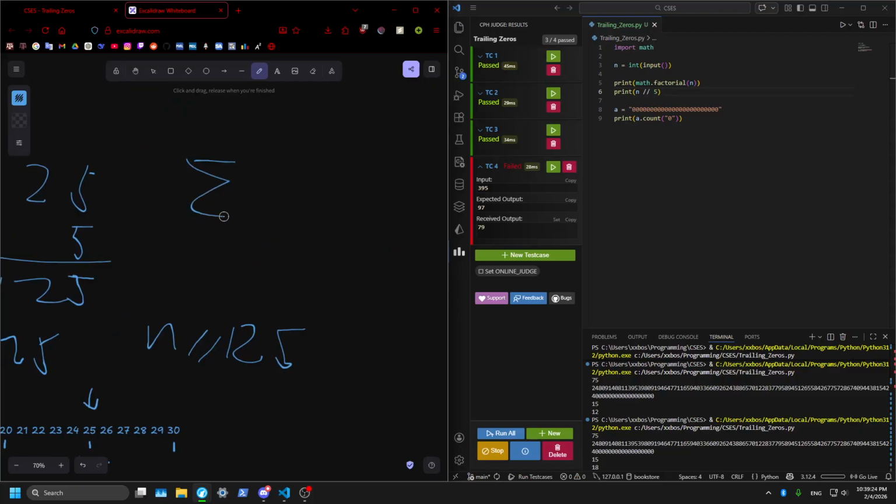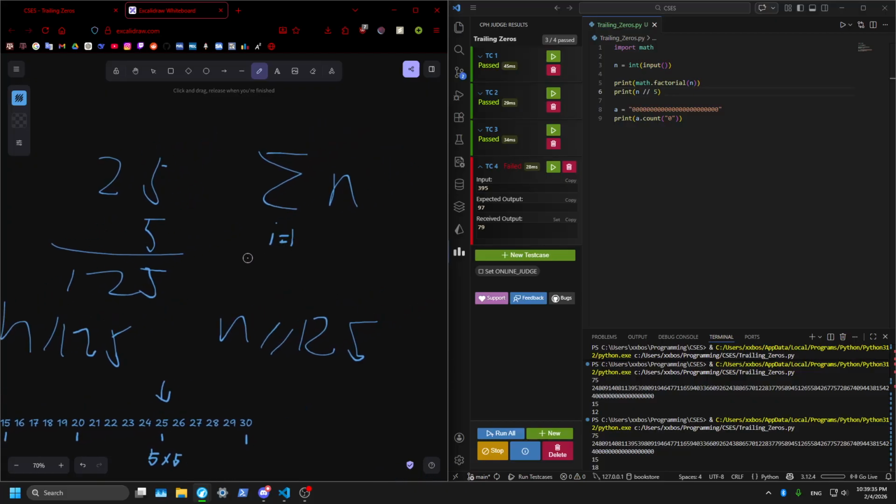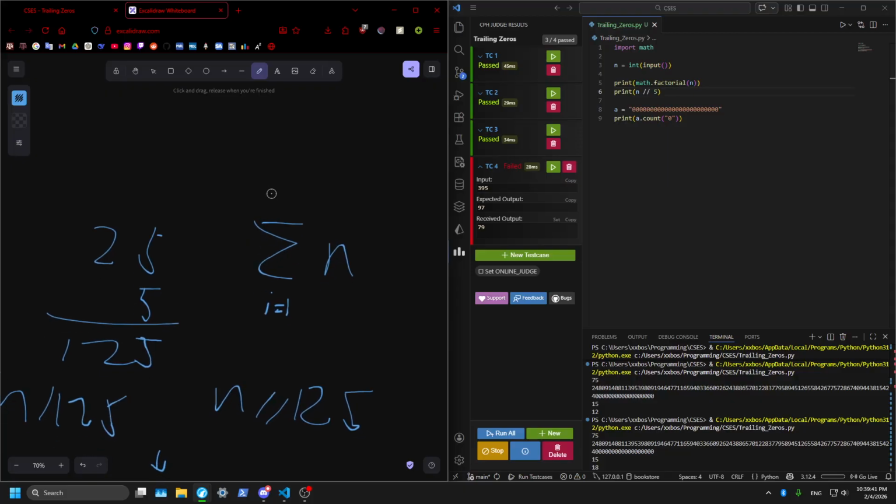So it's the sum of n, i equals 1 to basically infinity.